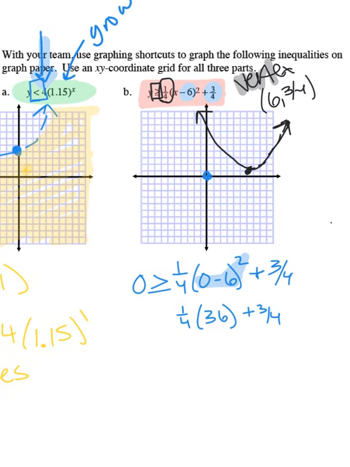A fourth of 36 is 9, plus 3/4 is 9 and 3/4, and 0 is not greater than 9 and 3/4, so that is no. So 0, 0 is the wrong spot to shade. All this should stay open, and we're going to shade inside the parabola as coordinates that work in the inequality and make the inequality true.